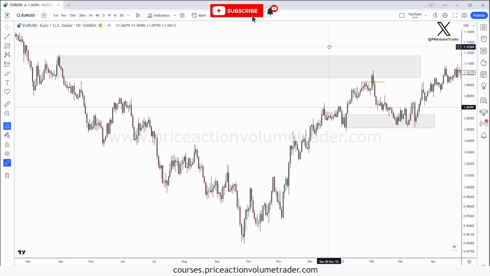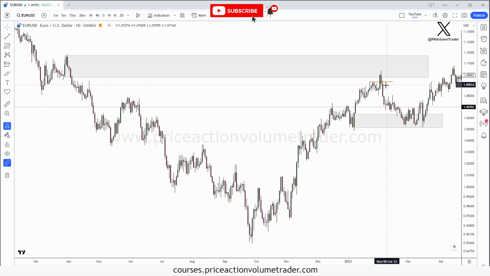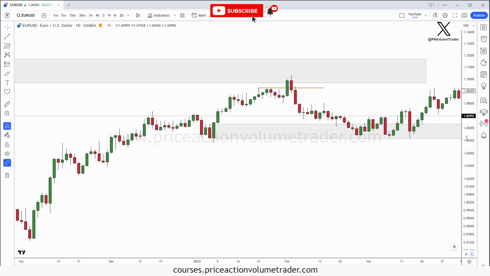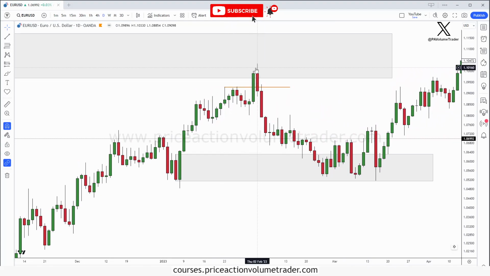Okay, so in this case you can see this trade, we actually did not have a setup. So right here, on the daily chart, you can see that we got a candle close through the high, but then we immediately went down.